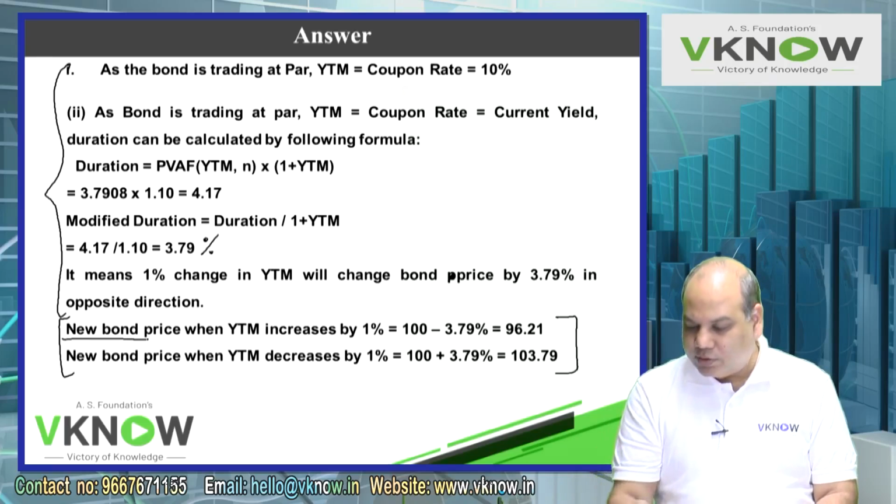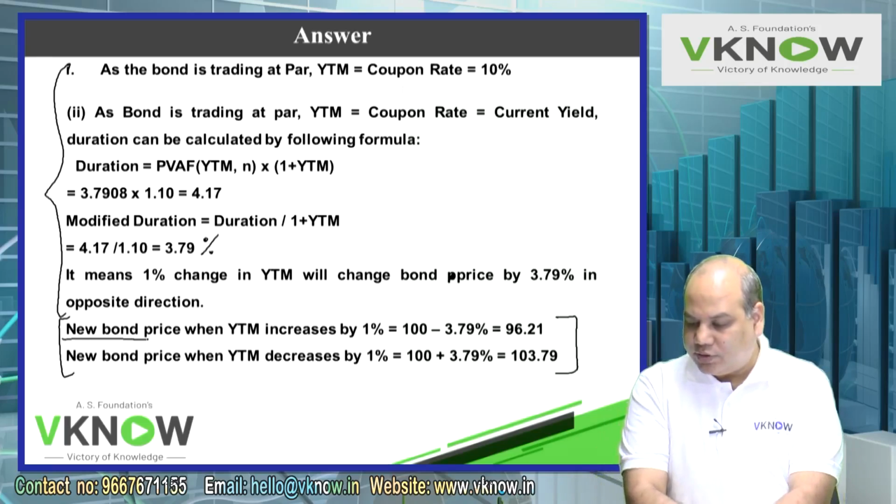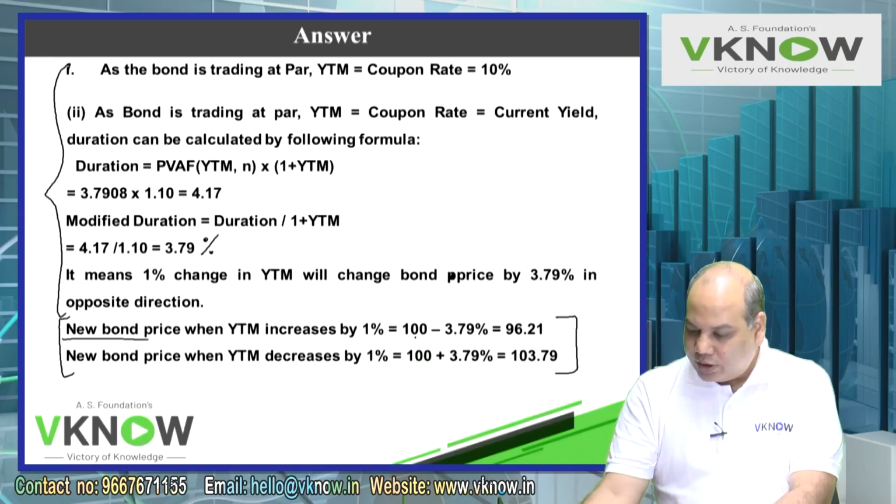New bond price when YTM increases by 1%, as per modified duration, is equal to 100 minus 3.79%, that is 96.21.